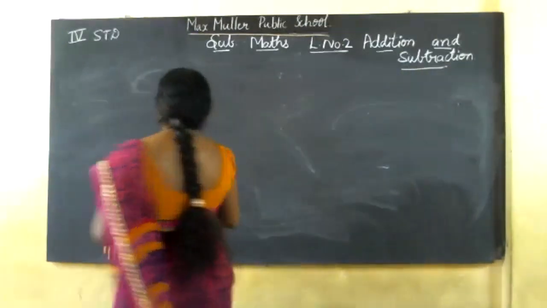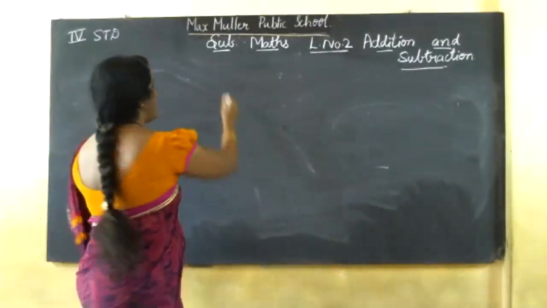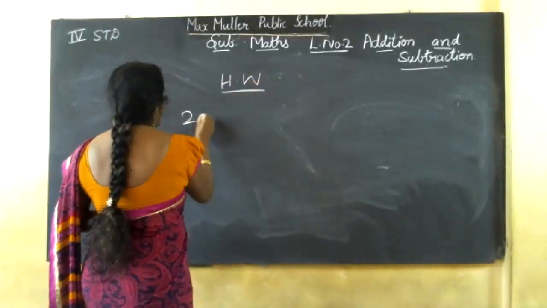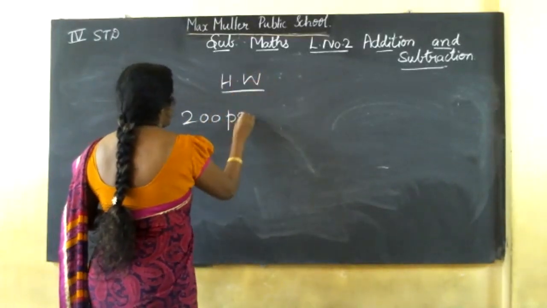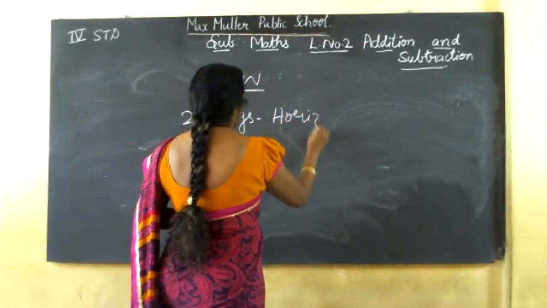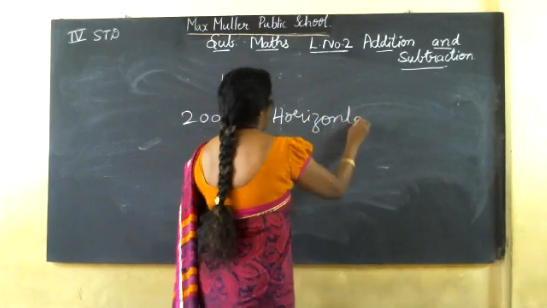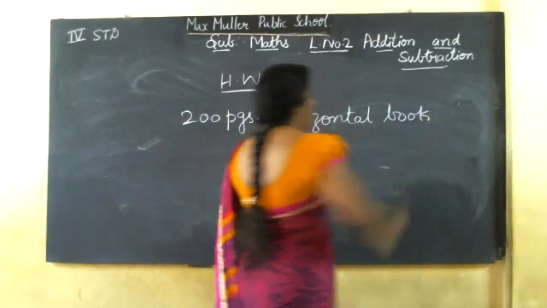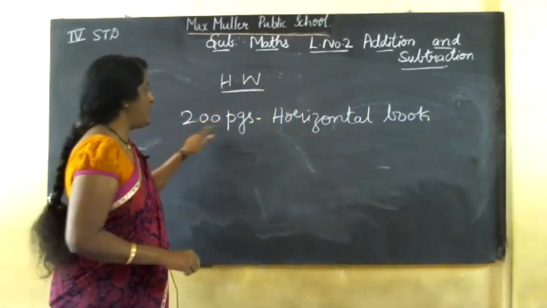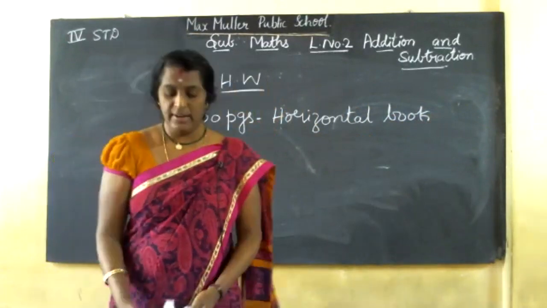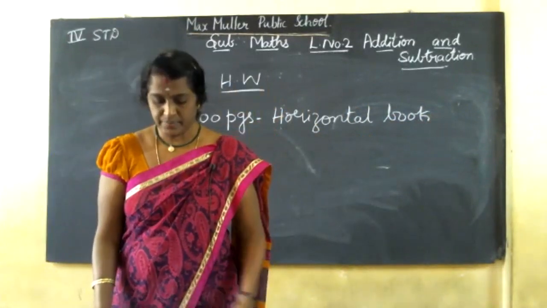Yes, today's homework. Take your 200 pages horizontal book, the maths book. Okay, now we'll write lesson number 1.